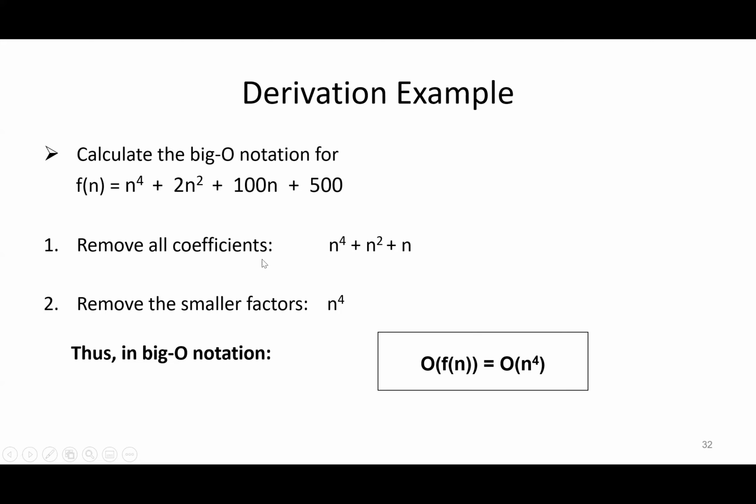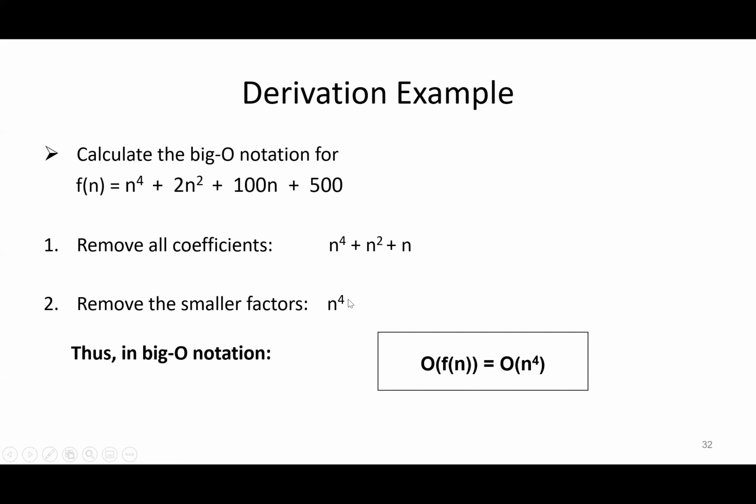First step, remove all coefficients: the coefficients here are 2, 100, 500, all these are removed. So you're left with n power 4 plus n power 2 plus n. And then remove all the smaller factors. When you compare this n power 4 plus n power 2 plus n, the smaller factors will be n power 2 and n.